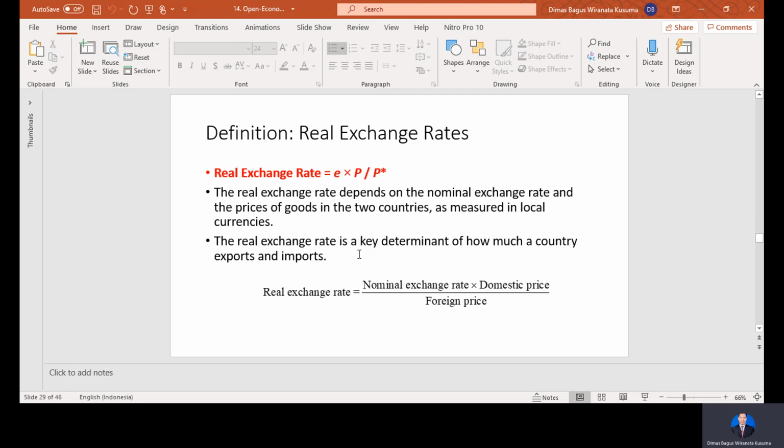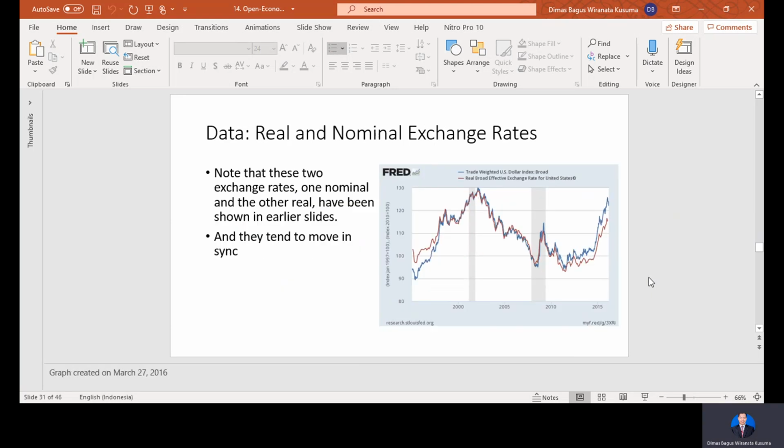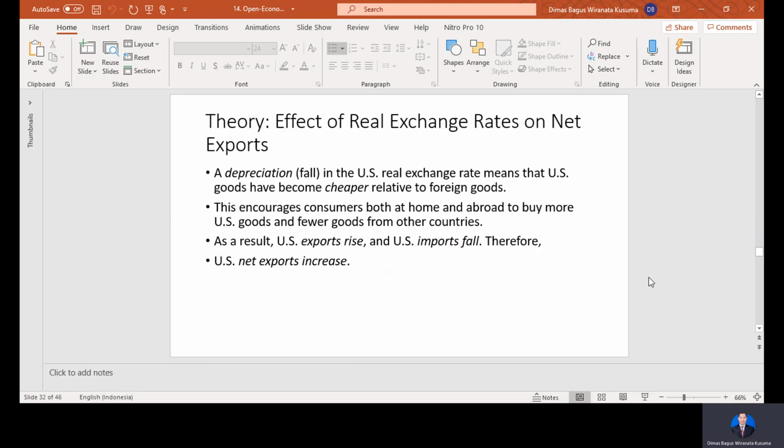The real exchange rate is a key determinant of how much a country exports and imports. So the formula is the nominal exchange rate E times the domestic price over the foreign price. P star here refers to the foreign price.